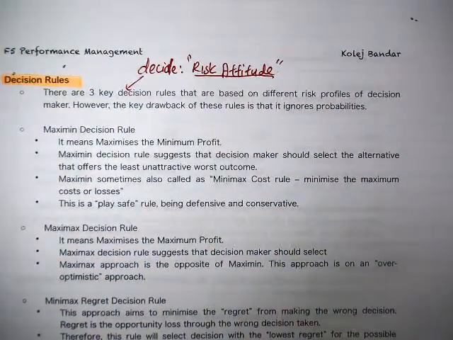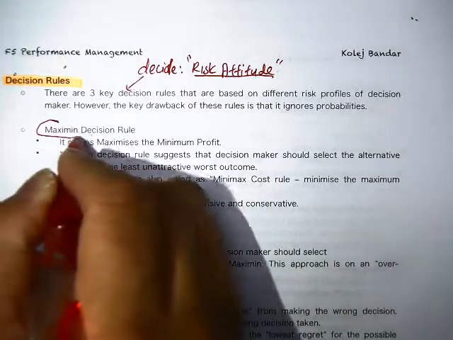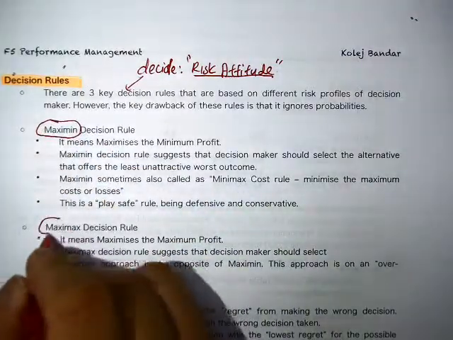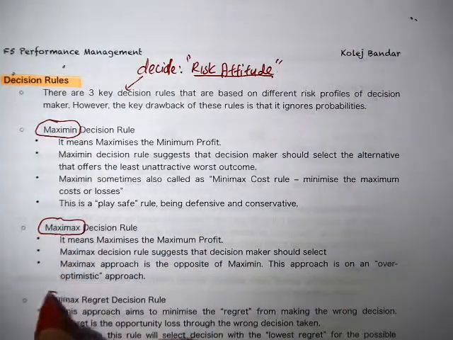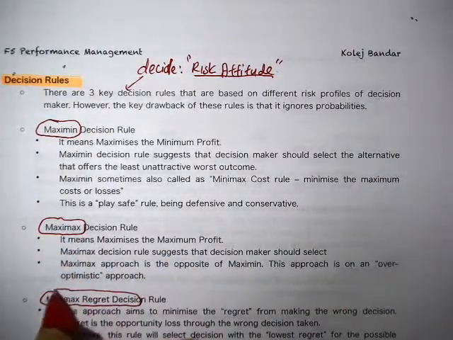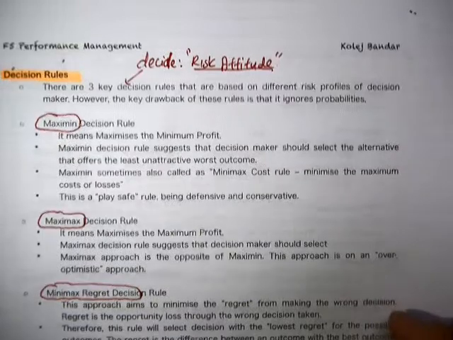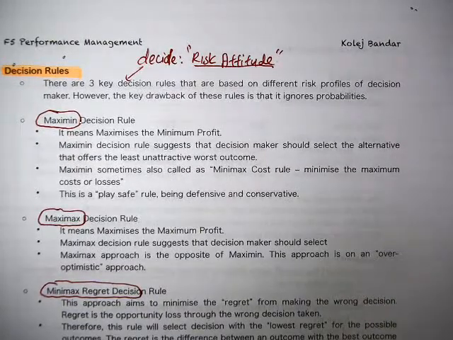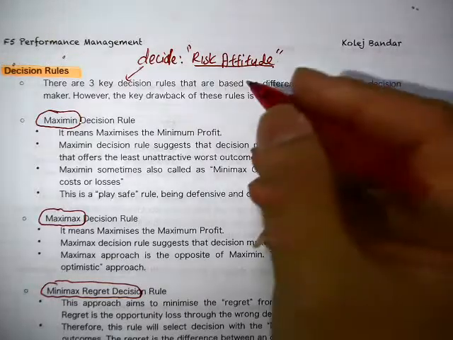So it's something that you do not need to look at probability. So how many rules are there? Now we have 3 rules over here: maximin, maximax, minimax regret. Okay. Now what is maximin, maximax and minimax regret?